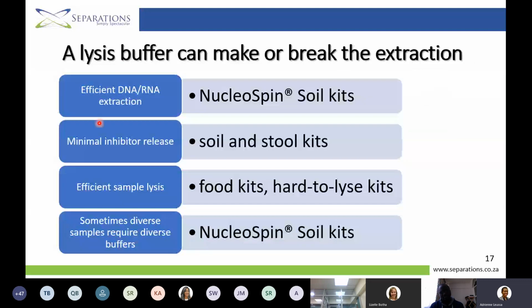So different buffers would target efficient nucleic acid extraction or minimal releasing of inhibitors. They can also assist with the lysis, as well as some kits come with alternative lysis systems to address the diversity within a certain category of samples.